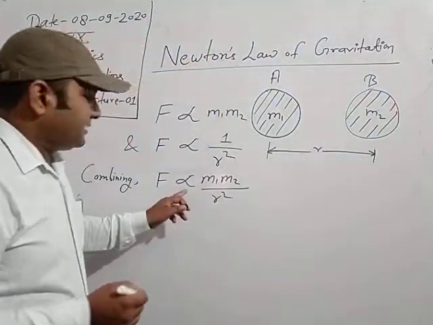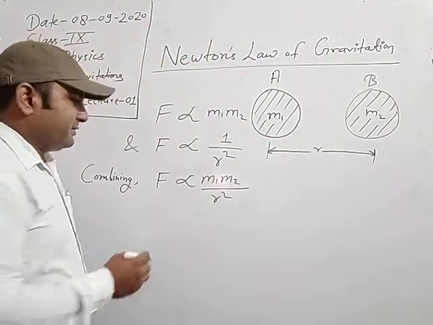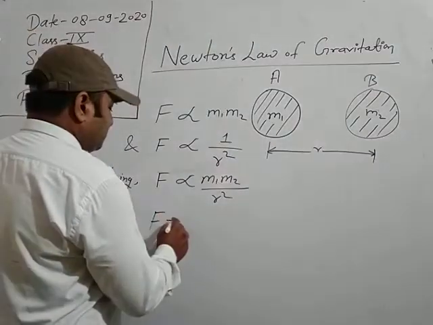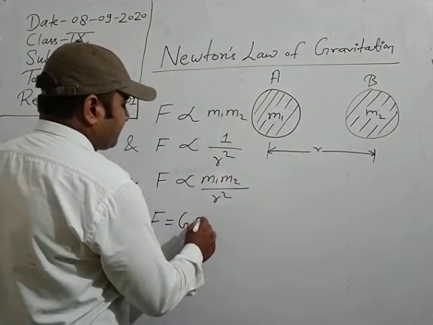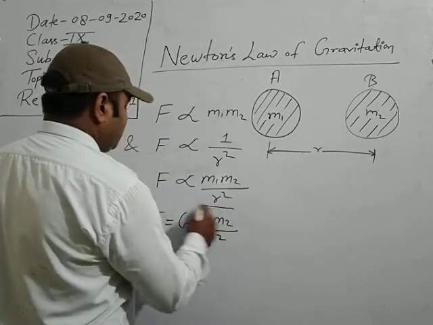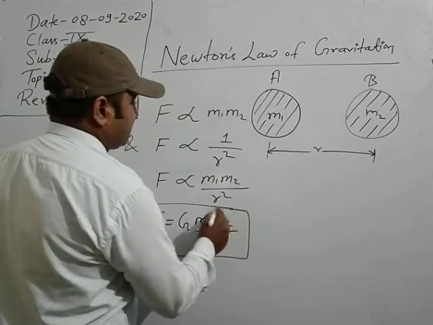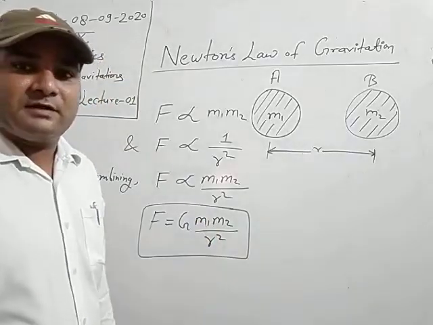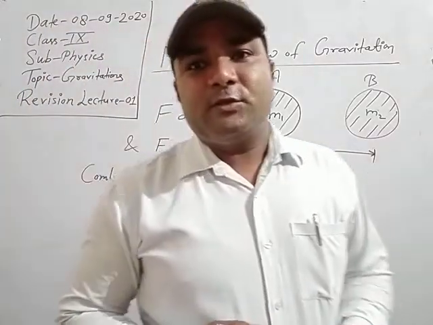So when this proportional symbol is replaced, F is equal to capital G m1 m2 upon r square. This is the formula for Newton's law of gravitation, and this formula is a universal formula.